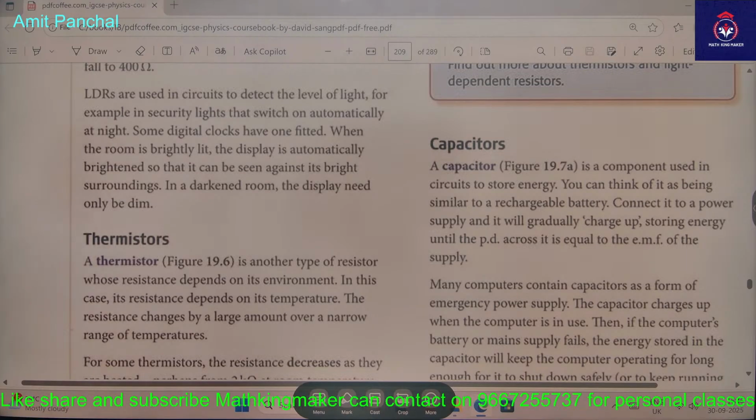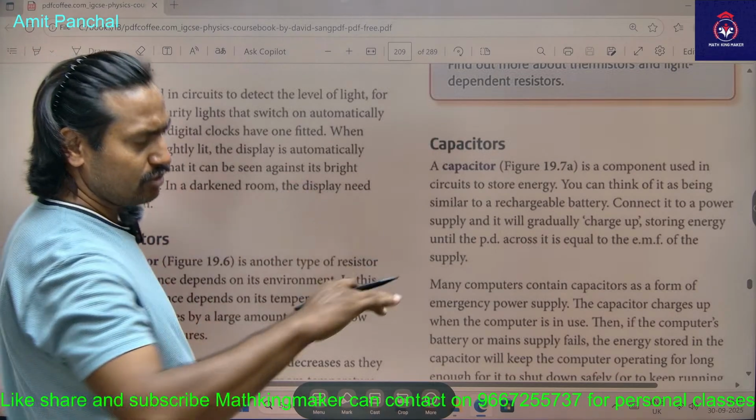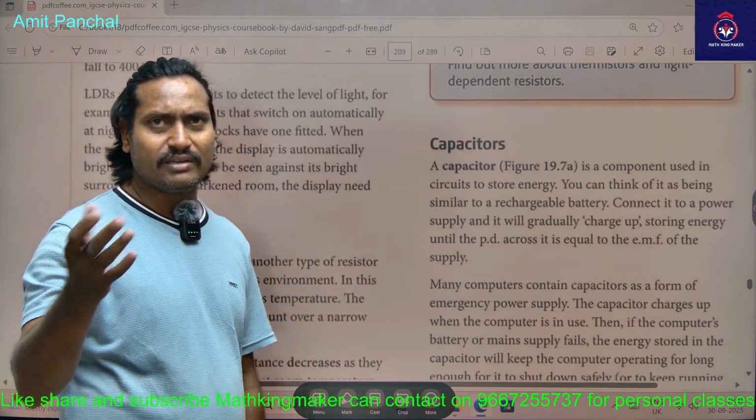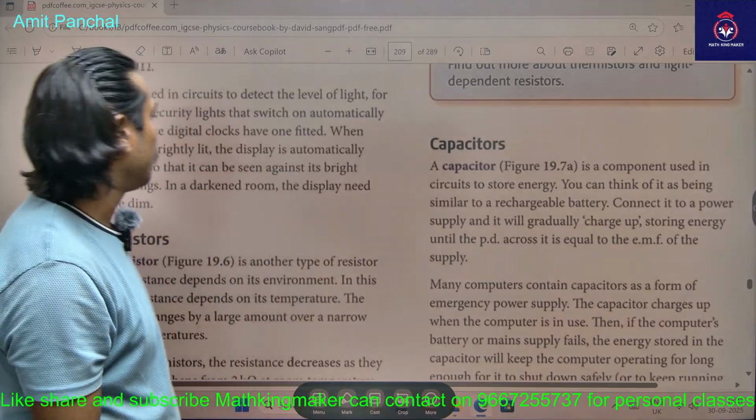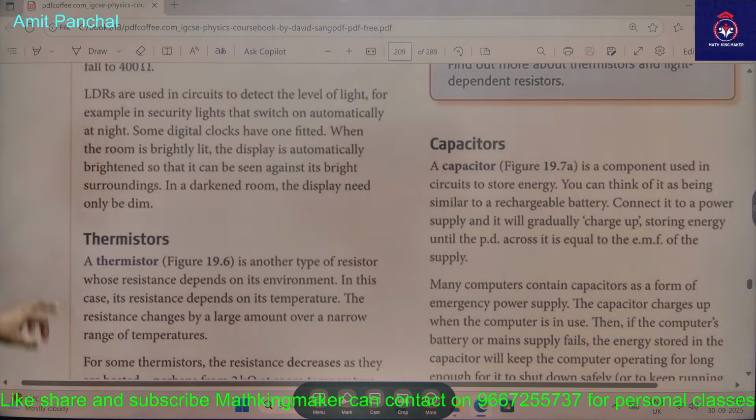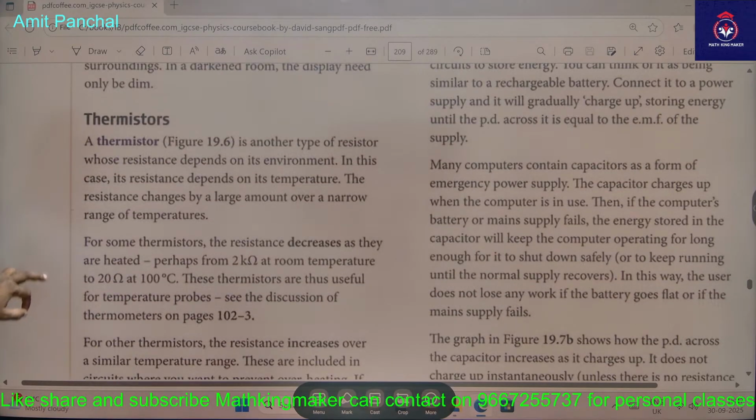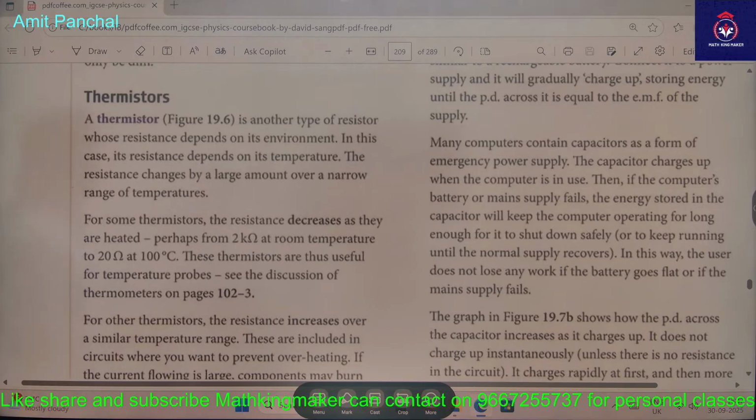When the room is brightly lit, the display is automatically brightened so that it can be seen against its bright surroundings. Whenever there is only a small light in the room, they adjust the brightness automatically, and whenever there is bright light, they adjust accordingly and the brightness is increased.